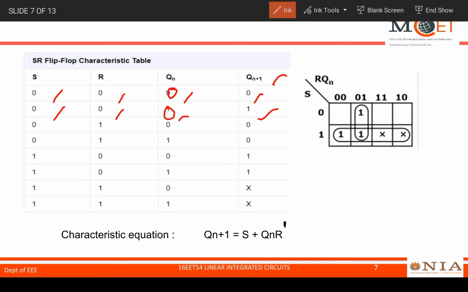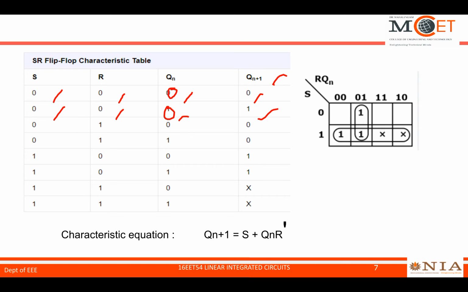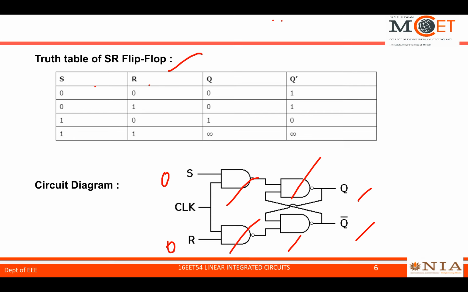From this, you can conclude that whatever the present state Qn is, if the flip-flop's input is 0, 0, then the output will be the present state. If the SR flip-flop's input is 0 and 1, the output will be 0, that is, it works in reset condition.